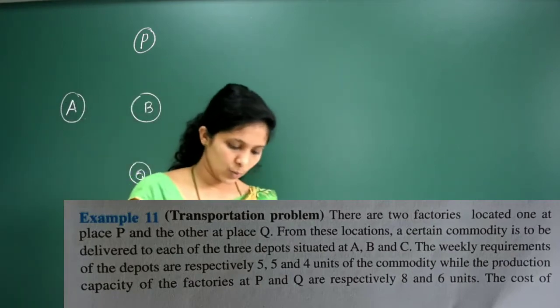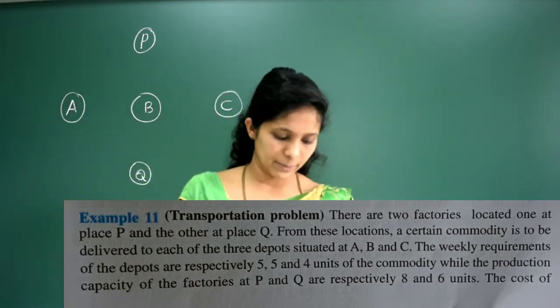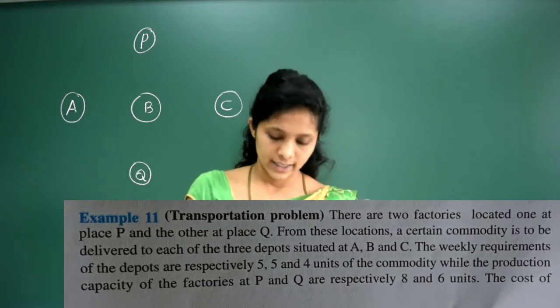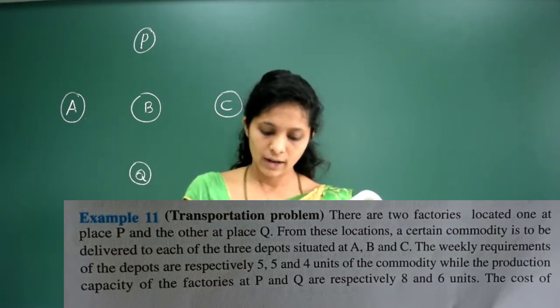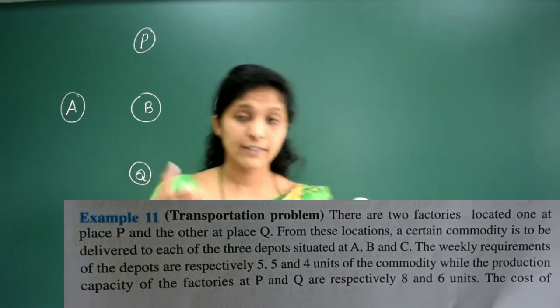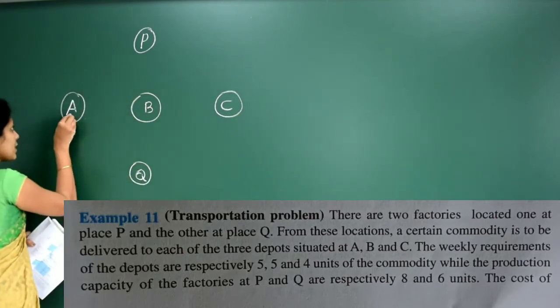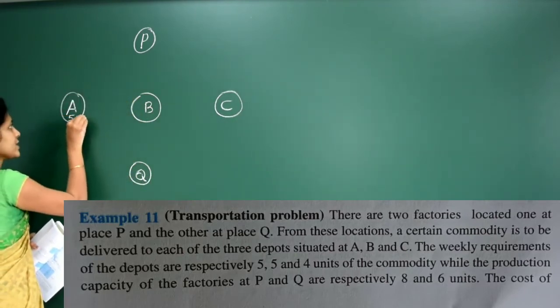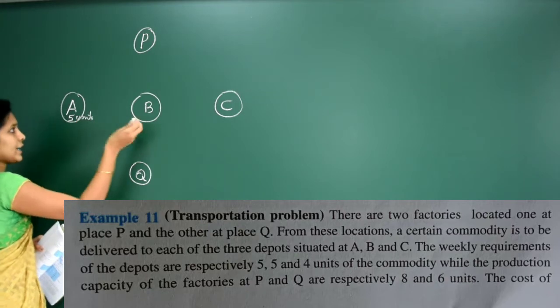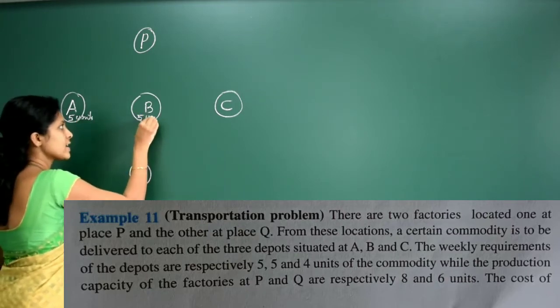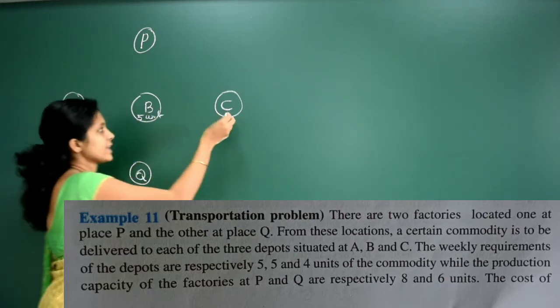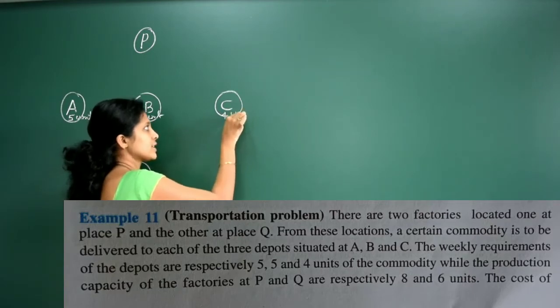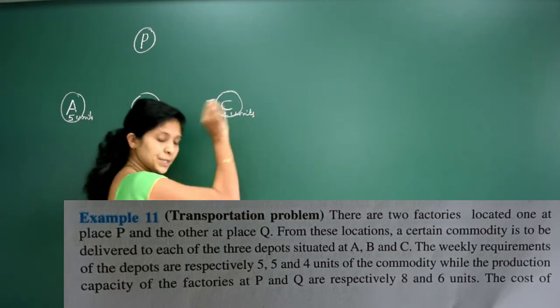Now what is given? The weekly requirements of the depots are respectively 5, 5 and 4 units. The requirement of A is 5 units, B is also 5 units, and C is 4 units. These are the requirements of the depots.